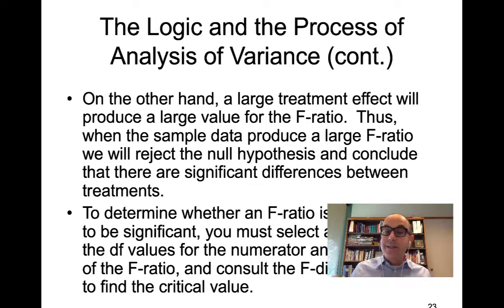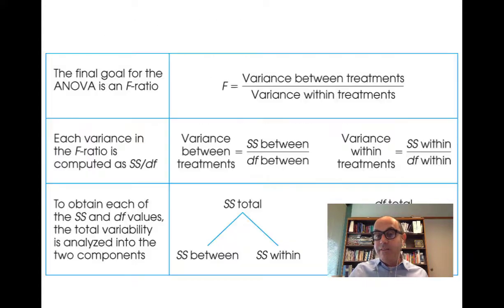In order for us to determine whether the F ratio is large enough to be significant, you must select the alpha level. And to find the F value, we also have to consult the F distribution and find the critical value.